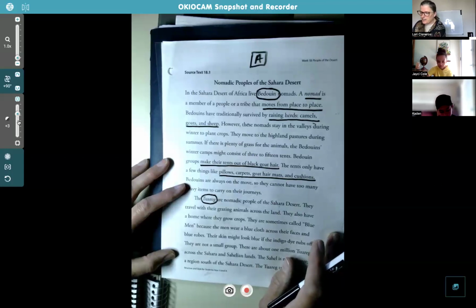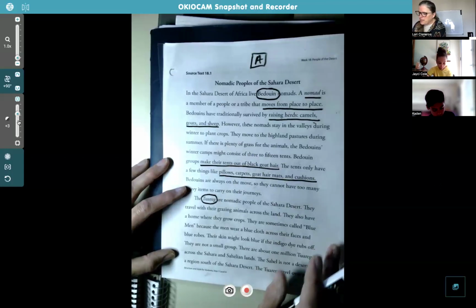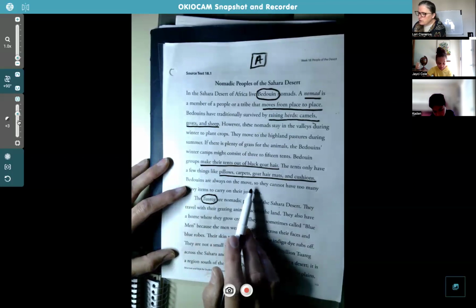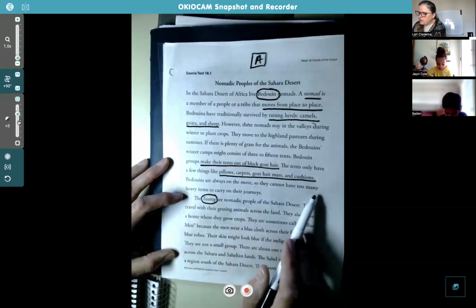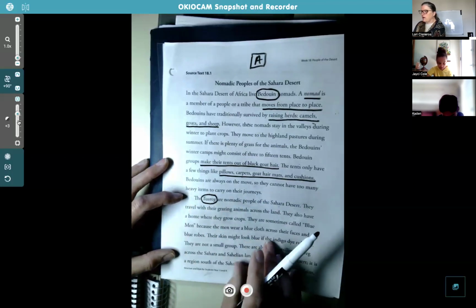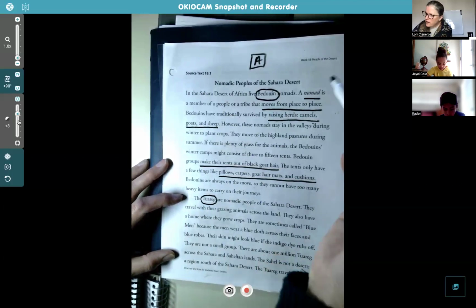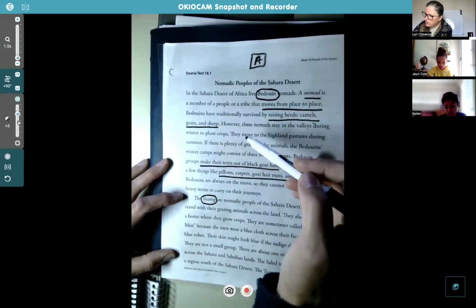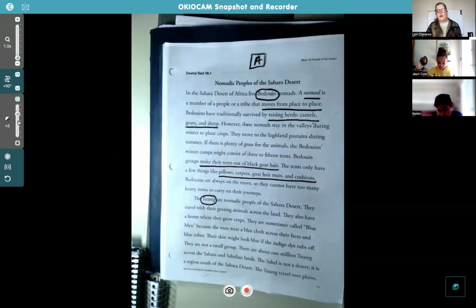That's it. It's hard to imagine. Bedouins are always on the move, so they cannot have too many heavy items to carry on their journeys. So far we have 1, 2, 3, we have 4 facts. That's about right. So see how I skipped some things just because I was like, man, I really want to see if there's better facts in there, and there were. So 4 facts is good.